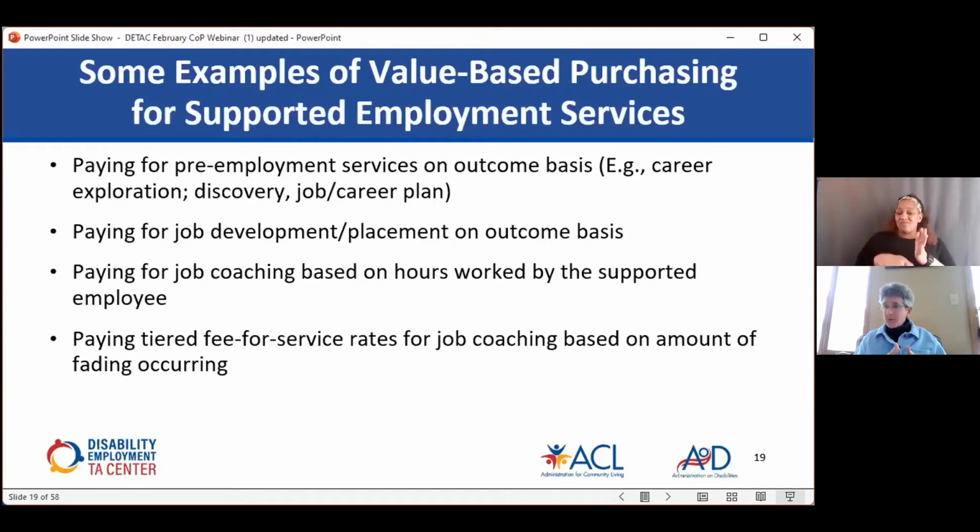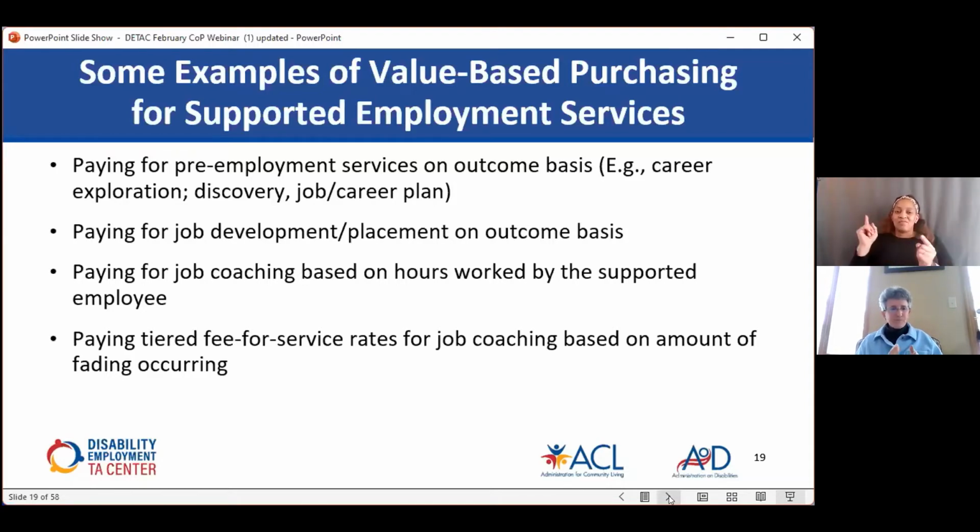Also paying for job development and placement on an outcome basis to encourage getting to that outcome because we know people want to go to work. Paying for job coaching based on the hours the supported employee works rather than hours of coaching. And in some cases where states have said, let's take a step away from pure fee for service before we go to a pure outcome model, we've seen a tiered fee for service rate structure that incentivizes fading.